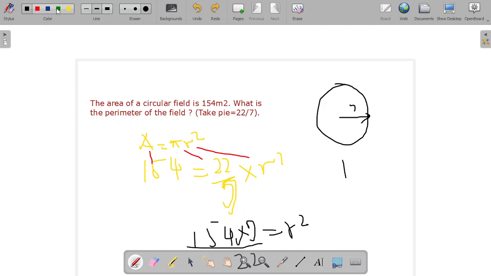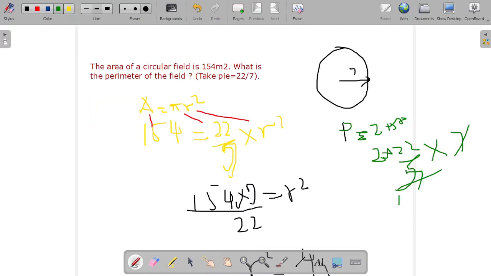You say 2 multiplied by 22 over 7 times the radius, which is 7. Then we get P is equal to 44 meters. So we have gotten the value of the perimeter of the field.